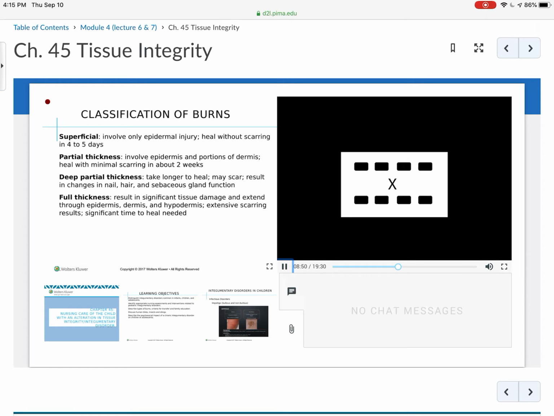And also lack of spattering or lack of splash marks. Any burns on the dorsum of the hand, or something that looks like a glove pattern around the extremity, you want to investigate that further.